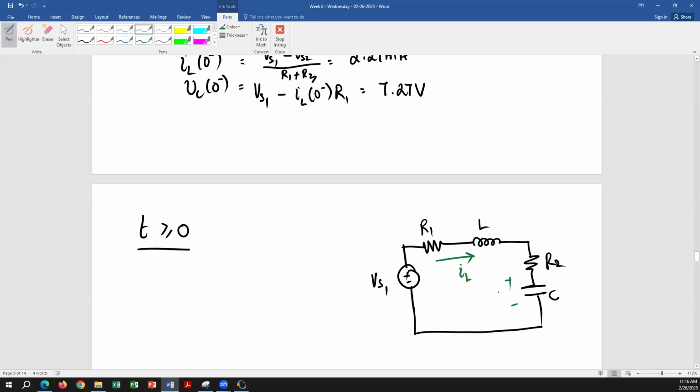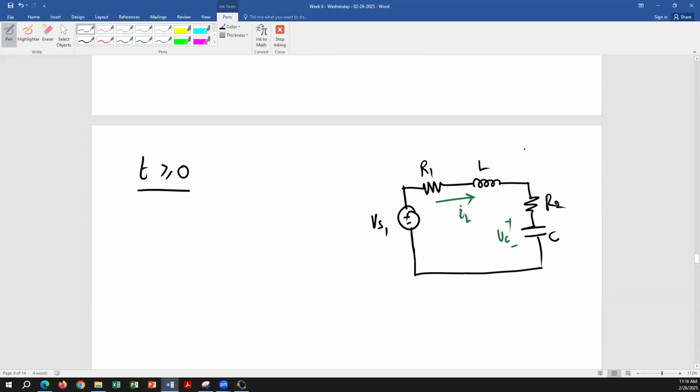IL and VC. Okay, first thing, oh man, I have to draw the circuit again. Let me go ahead and clean this up first so that I can post my damping results.